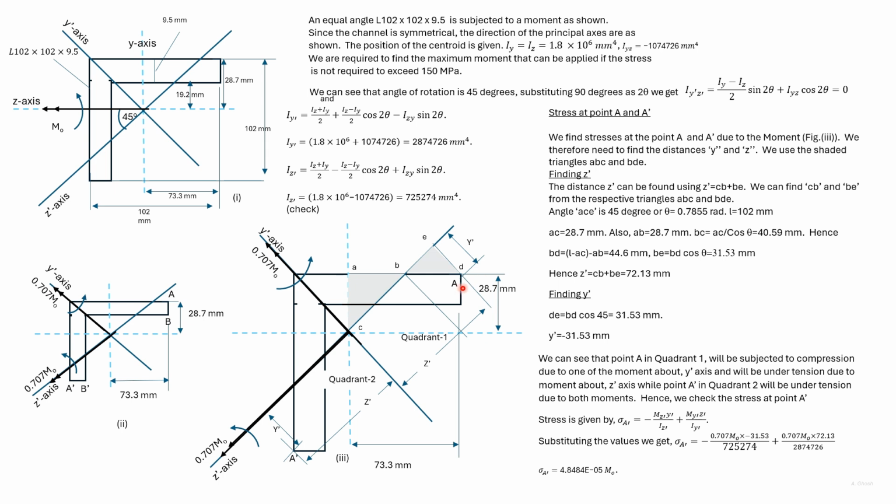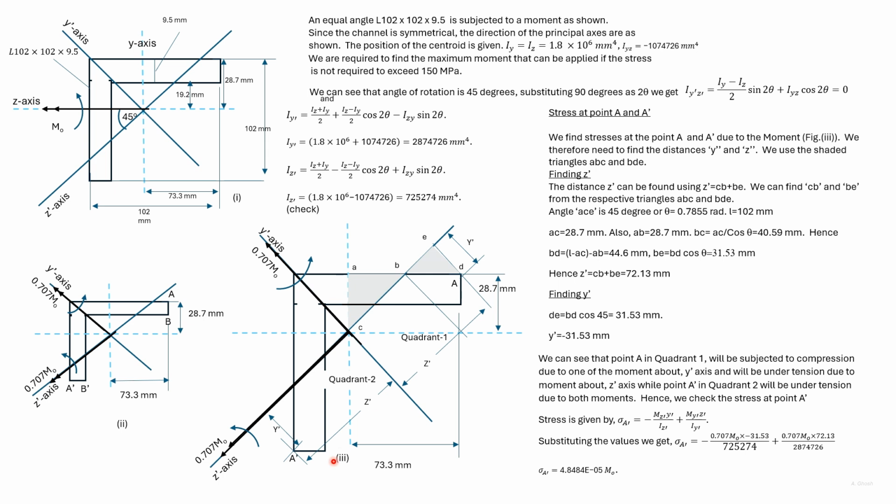We now look at the stresses at the point A and A dash. Due to the moment about the z-axis, the stress at point A is tensile. And due to the moment about the y dash axis, the stress at point A is compressive. In contrast, due to the moment about the z dash axis, the stress at A dash is tensile. And also due to the moment about the y dash axis, the stress at A dash is tensile.